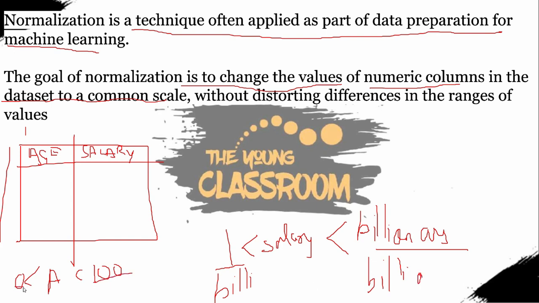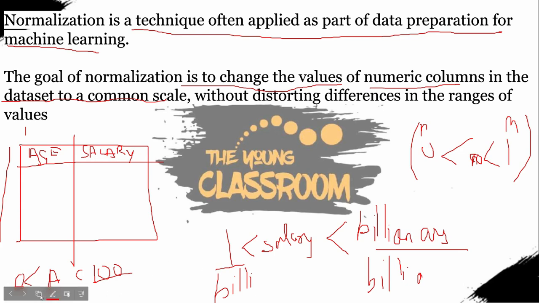You can see that all my values are in the range of 0 and 1, right? All my values are in the range of 0 and 1. And so this goal is to bring it to a certain range. In this case, I took the range to be 0 and 1. It could be any n and m, and that is my basic goal.